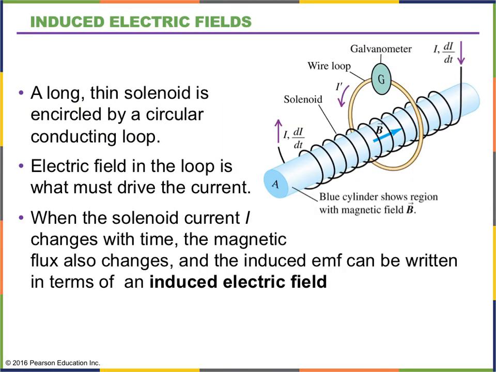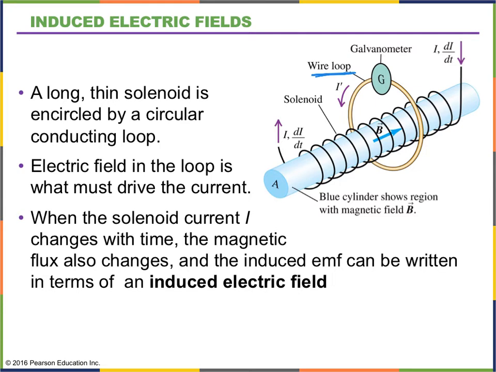Let's imagine a scenario where we could be thinking about that induced electric field. So let's say we have a solenoid. The solenoid is like a coil of wire, looks a lot like a spring, and we're going to put a conducting loop around it. That's this right here. The whole point of a solenoid is to create a relatively uniform magnetic field down the axis of the solenoid.